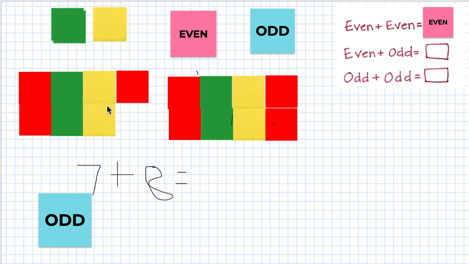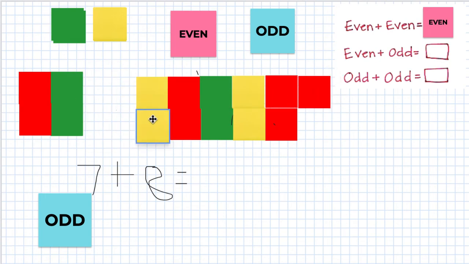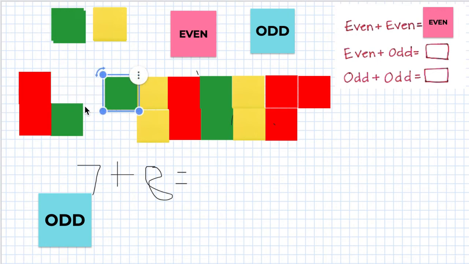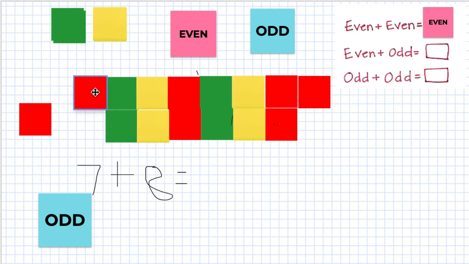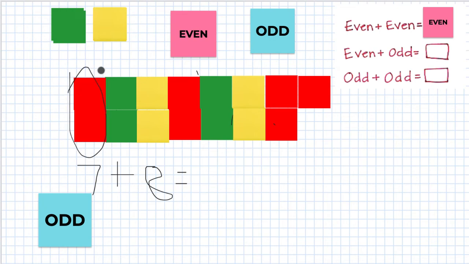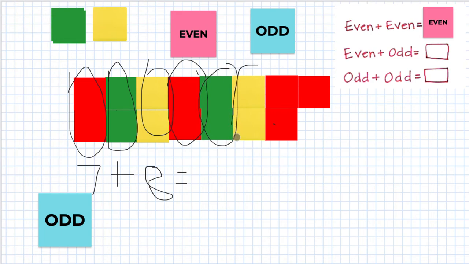So I want you to watch as I do this. I'm going to put this guy over here, and I'm going to combine. Let's see. If you said odd, you were correct. How do I know it's odd? Well, I see my pairs here: 2, 4, 6, 8, 10, 12, 14, and there's one lonely one, which gives me 15.